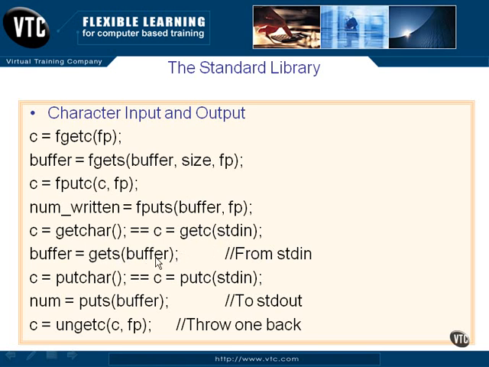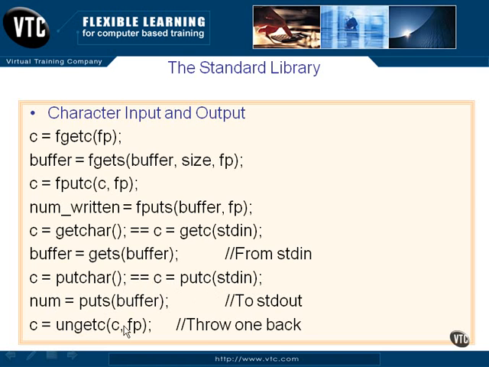Puts those characters into the buffer, returns the same pointer to that buffer. putchar with no parameter is the same as putc to the standard out. That's a little typo right there. That's putc to the standard out, so that putc will return the character that it writes. puts goes to standard out, and it returns the number of characters that it writes from the string that is in buffer to standard out.